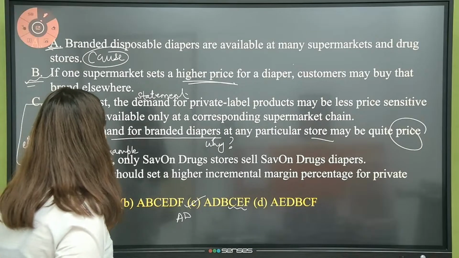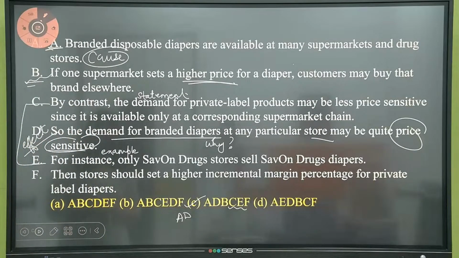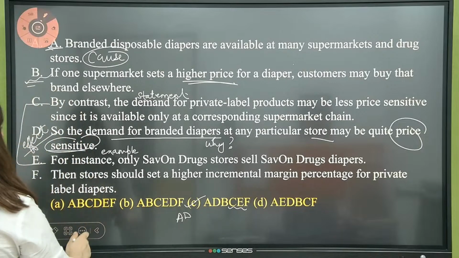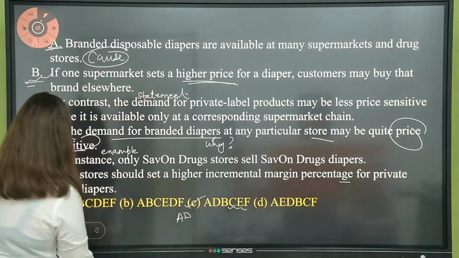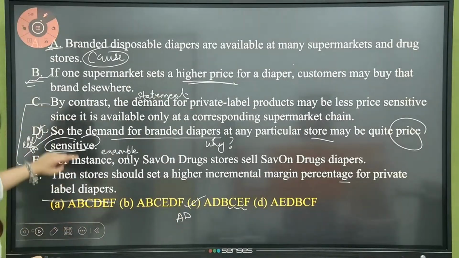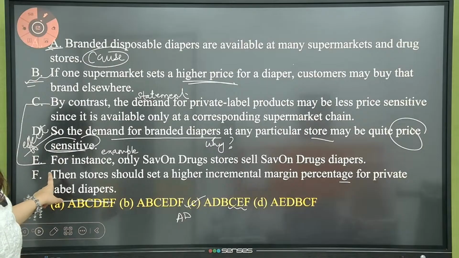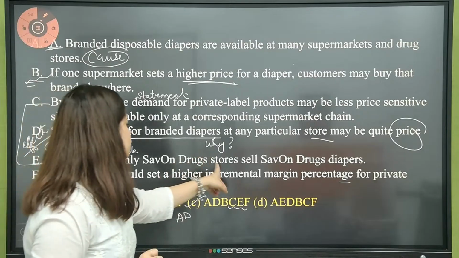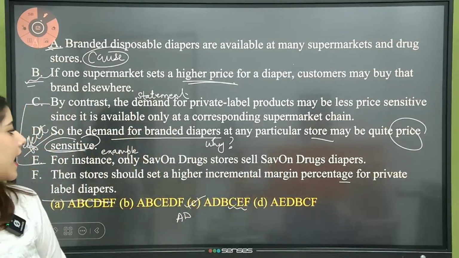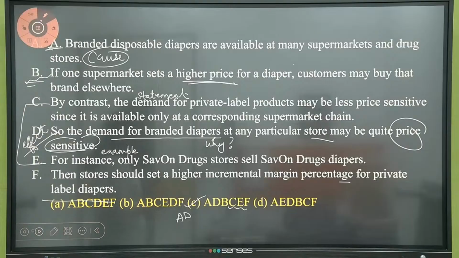For instance, only Savon drug stores sell Savon drug diapers. Then stores should set a higher incremental margin percentage for private label diapers. Again, F elaborates upon C and E, telling us that then stores should set a higher margin percentage for private label diapers.